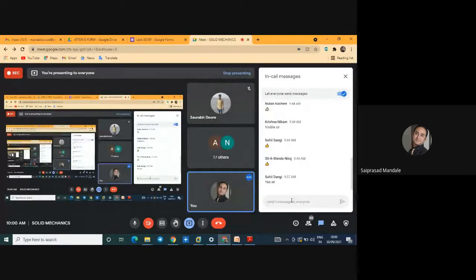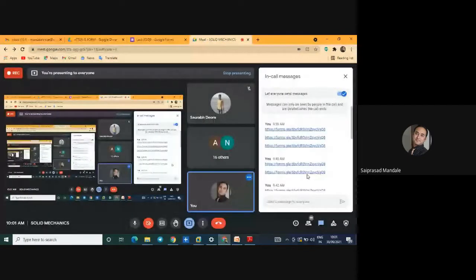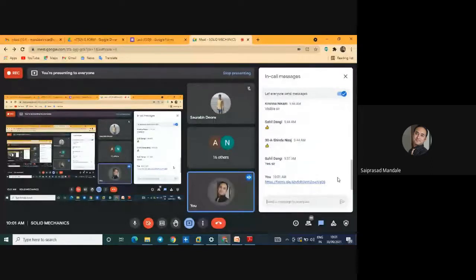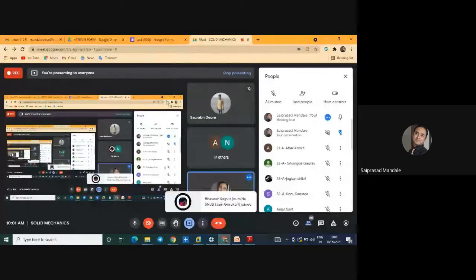Parallel question for you: how does a column fail? Simple question. If you understood, then give me the answer. If you don't, then ask me to repeat, because the basics are very important. Until and unless you know the basics, we cannot go for the numericals. I'm repeating: the beam will fail due to what?